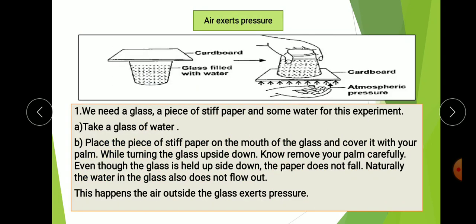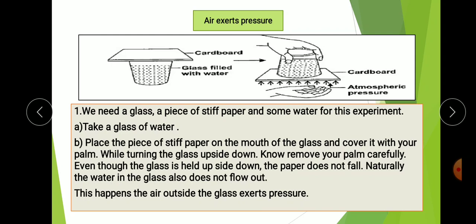Next is air exerts pressure. We need a glass, a piece of stiff paper and some water for this experiment. Now take a glass of water and place the piece of stiff paper on the mouth of the glass and cover it with your palm while turning the glass upside down.